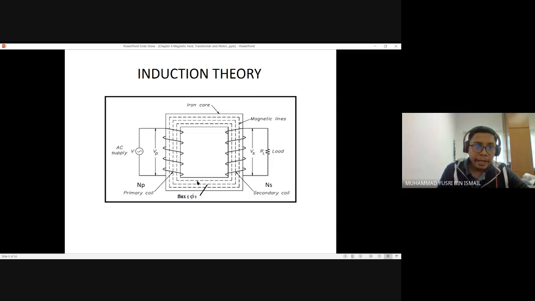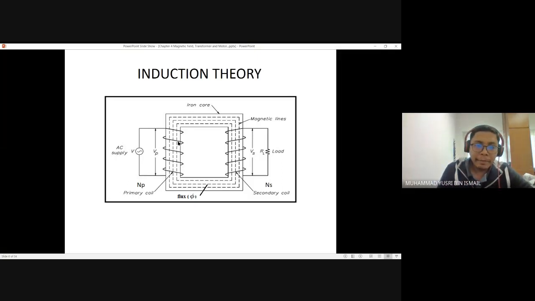And then as the current flows towards the coil, it will apply the magnetism principle.